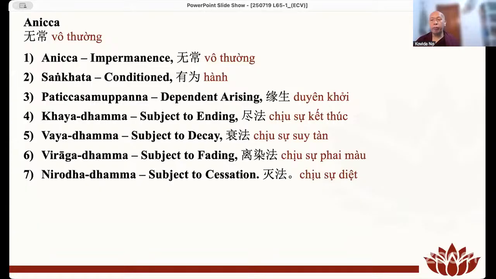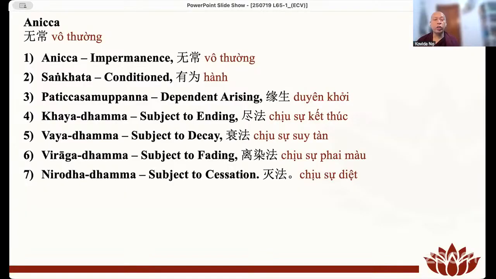Then we proceed to the next part, which is about contemplation. When we talk about anicca, there are many terms, and here we have listed them out. Anicca means impermanence, which is very clear already. Sankhata means conditioned.